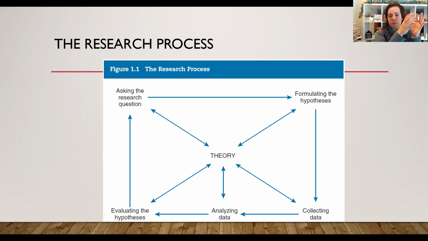So that's your question. From that research question, you then jog over to the side to formulating a hypothesis. So what ideas or what might you predict based on the theory? Notice this arrow goes back down here. It informs. So you go back to the theory to help you develop your hypothesis. So what hypothesis might you have based on that theory?